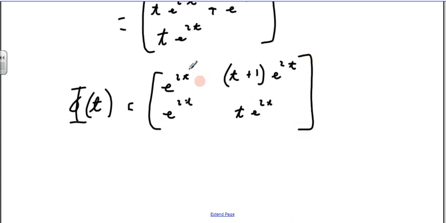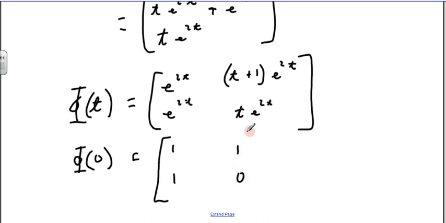Okay, so I got my iota. Now I want to have iota 0. And now that's going to be a 1, that's going to be a 1, this is going to be a 1, this is going to be a 0. Okay, looking good.